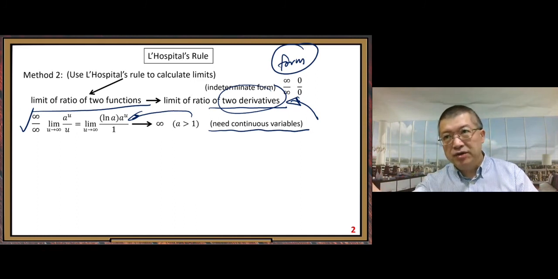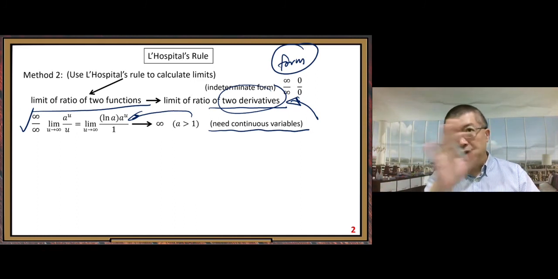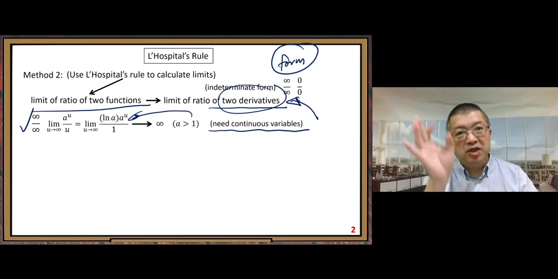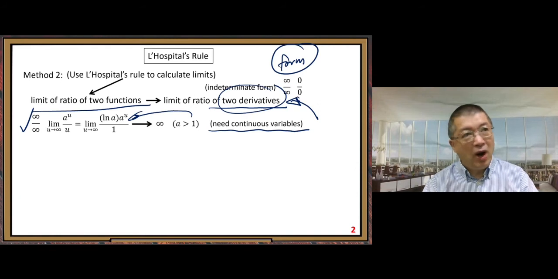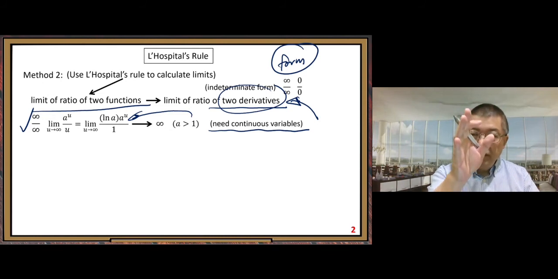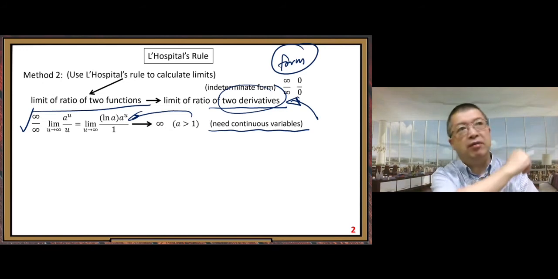If it is a discrete variable, you cannot take the derivative. It does not make sense. Now, why is that? Let me explain the reason behind it. Why you have to make sure the functions that you take derivatives of use continuous variables.